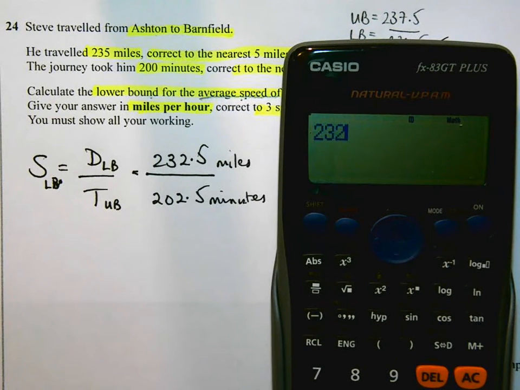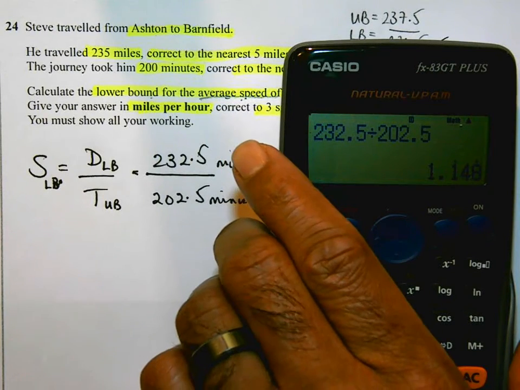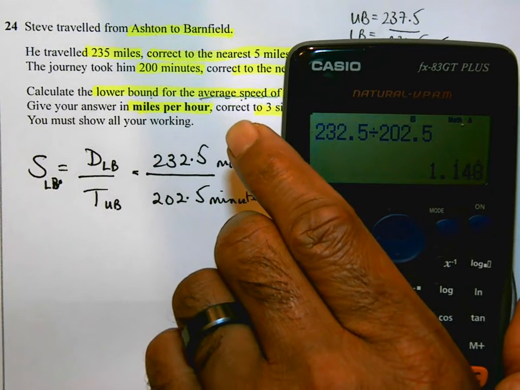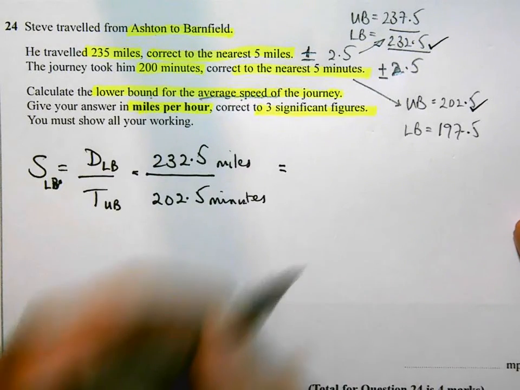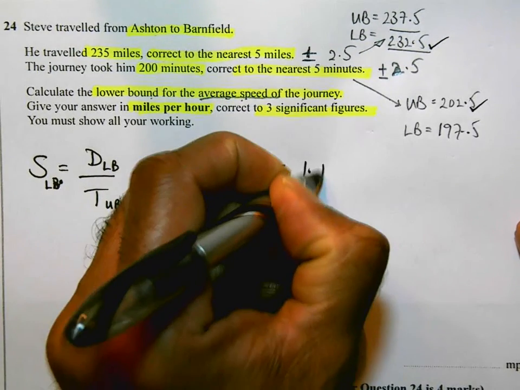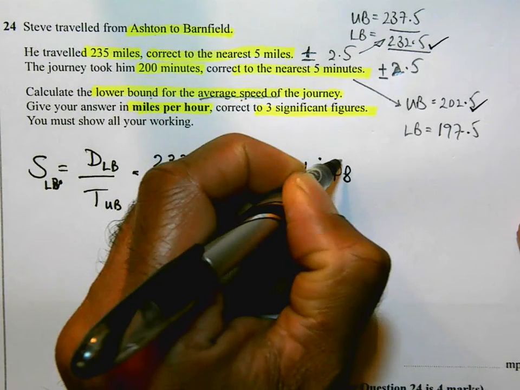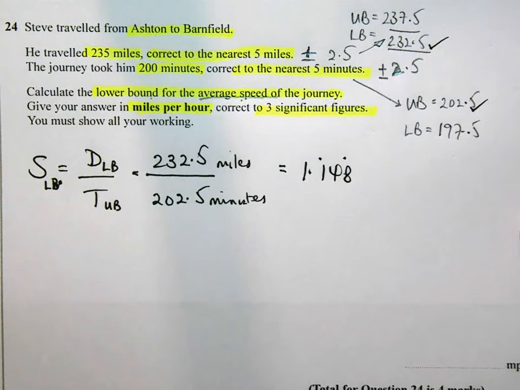We need to do this division, which is 232.5 divided by 202.5. Okay, I'm going to write this down. 1.148. There's some recurring there, so I'm going to leave that as it is on my calculator screen. 1.148, and 148 is recurring.